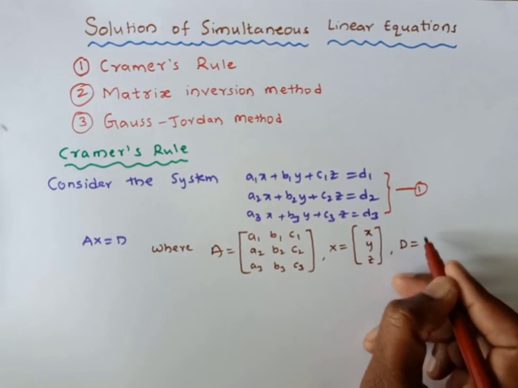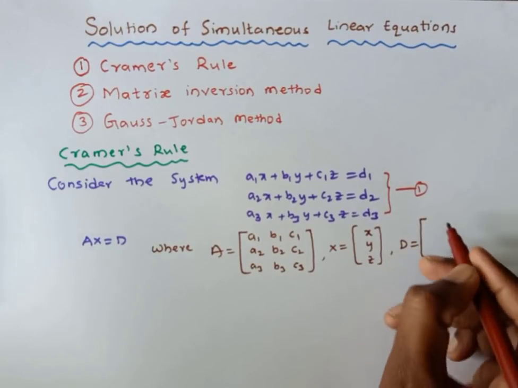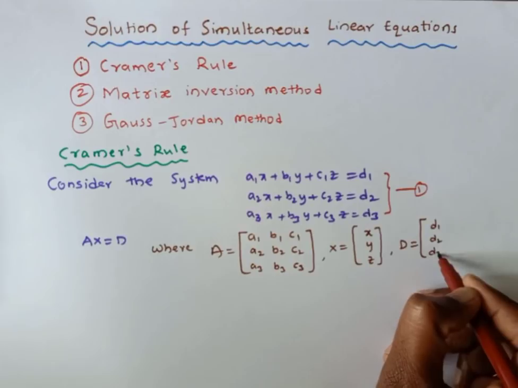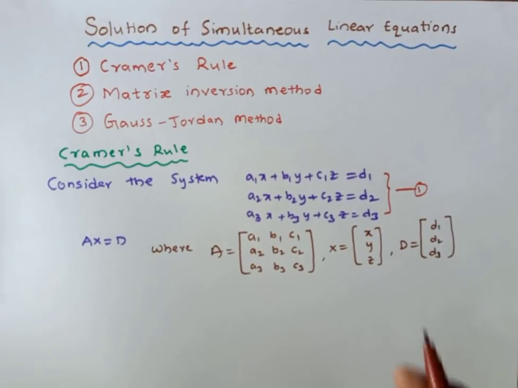The matrix D is known as the constant matrix, which contains only the constants on the right side of the given system.